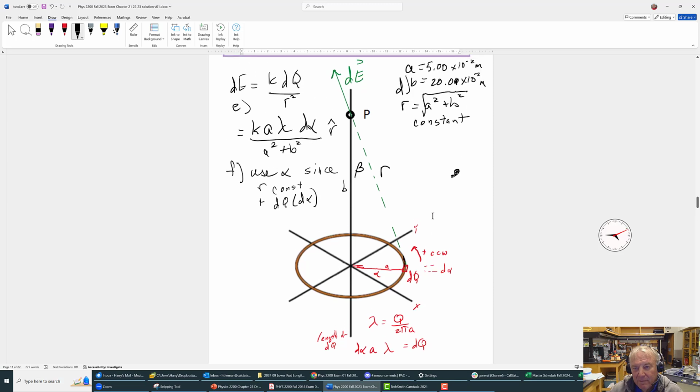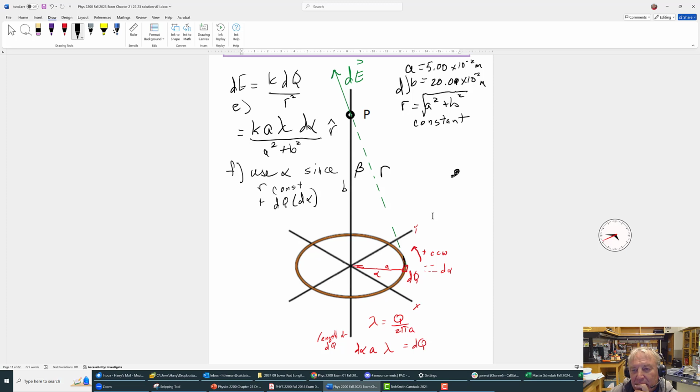Beta is actually going to be a constant, if you notice. And alpha will go from 0 to 2 pi.